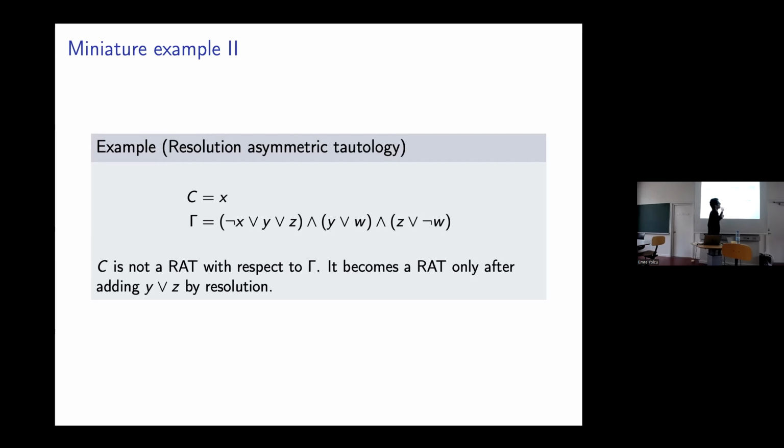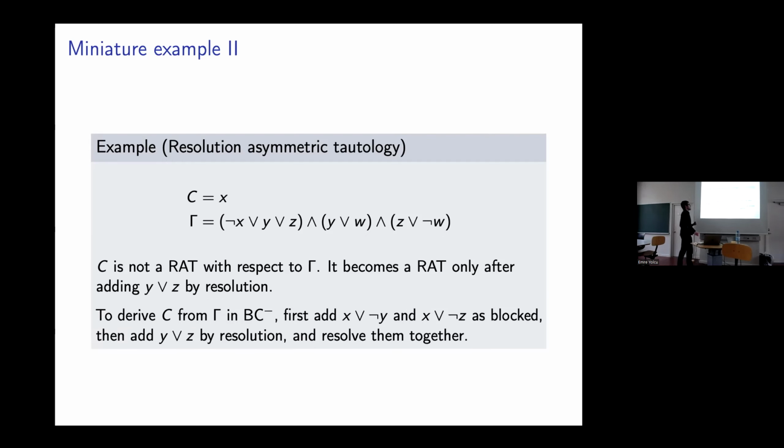And we said it should either be tautological or subsumed. It's neither tautological nor subsumed, so there is no clause that is a subset of y or z in the formula. So you can, by resolution, add the clause y or z. Now y or z is subsumed because it's itself in the formula. So after you add y or z, then you can add this clause x. Okay.